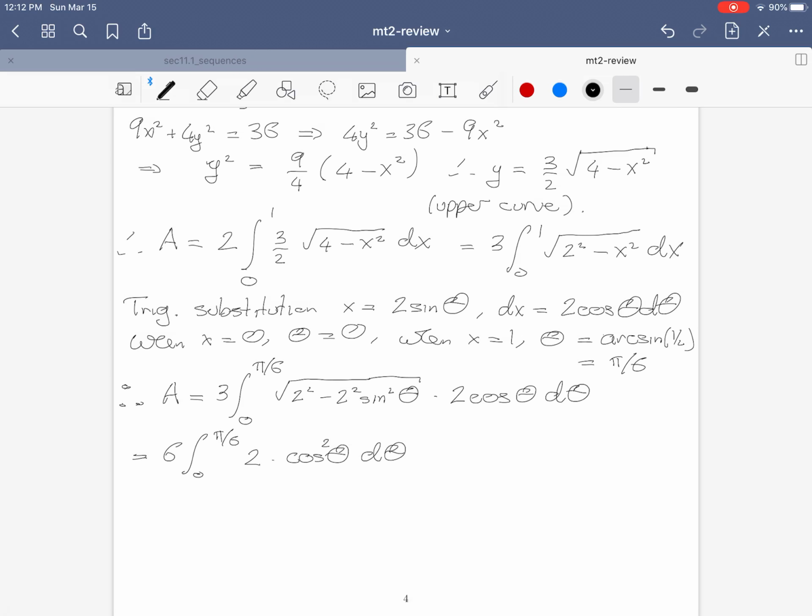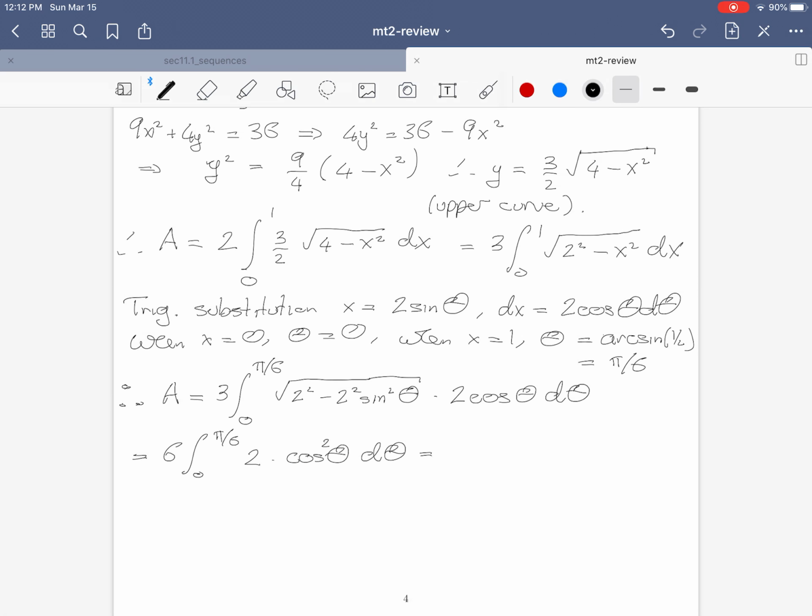And because we have our other cos theta term, we get cos squared theta here. So just to reiterate what I did here, we pulled out a 2 from here. That came out here. Then in here, we're left with 1 minus sine squared theta, which gives us cos squared theta. We take the square root, we get cos theta, and then we combine it with this other cos theta to get cos squared theta here.